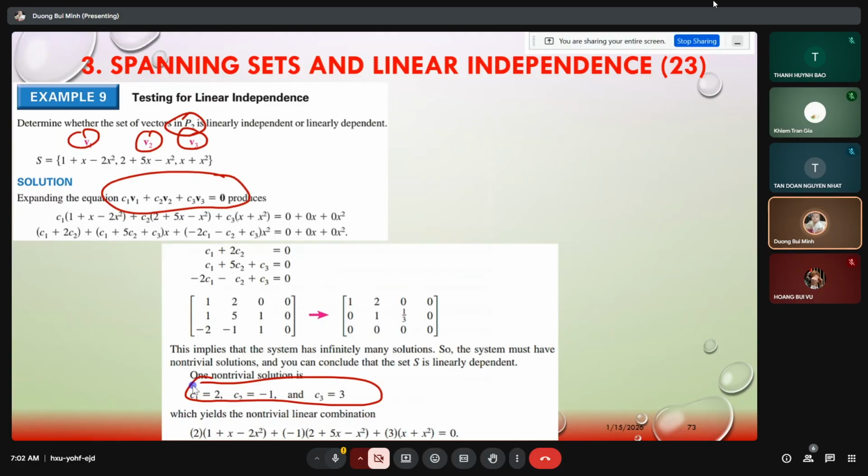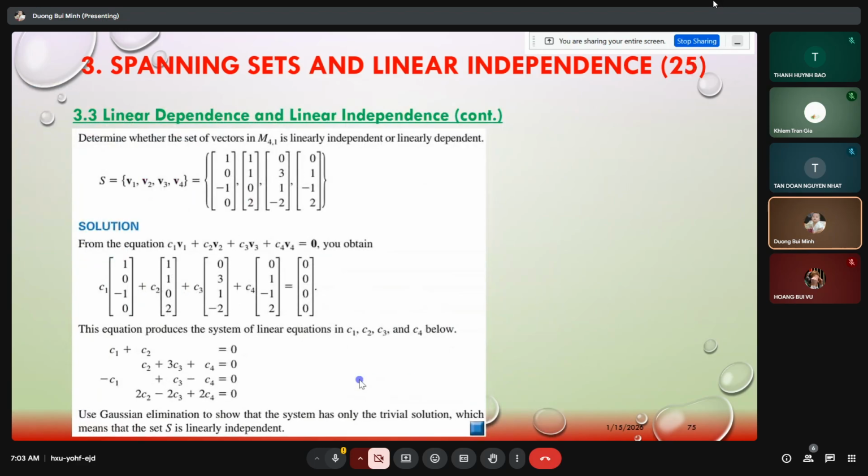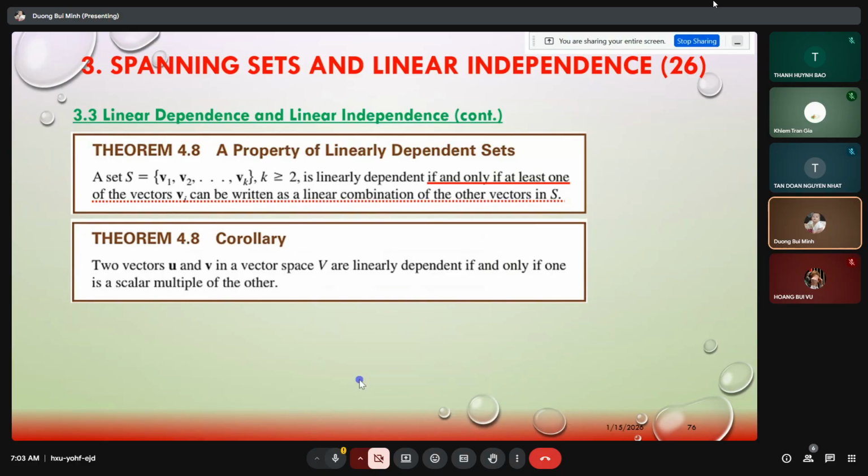Because we have a non-trivial solution, we say S is linearly dependent. Many examples, just remember that.